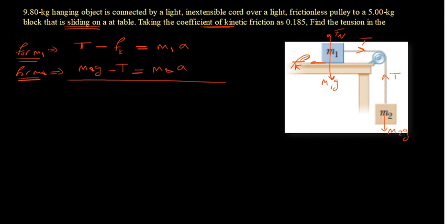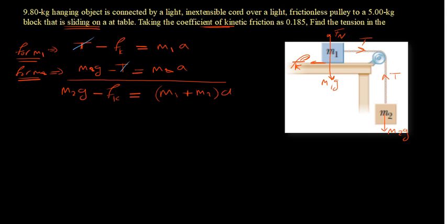Now we're going to eliminate the tension to find this new equation: m2g minus the kinetic friction equals m1 plus m2, times the acceleration.